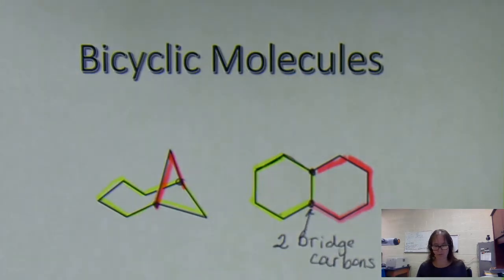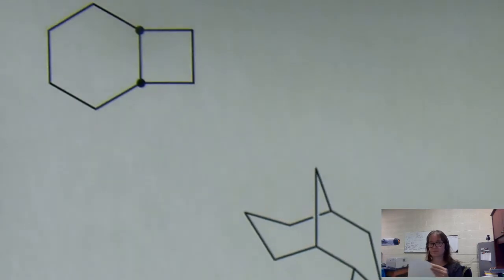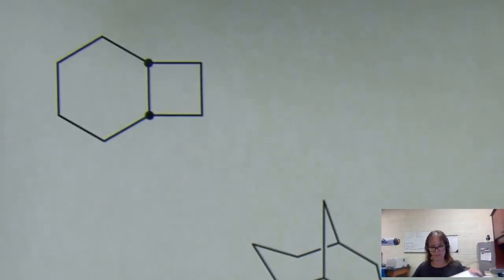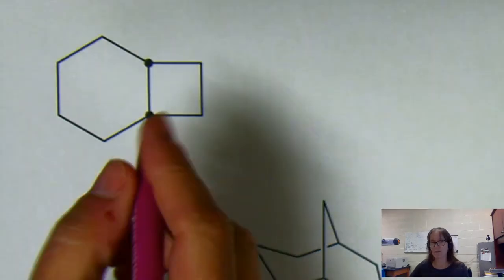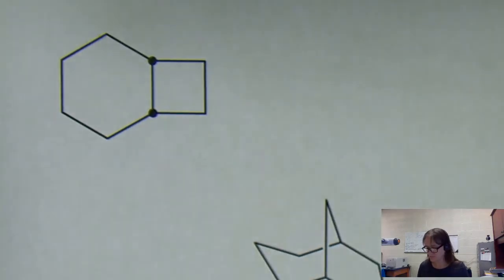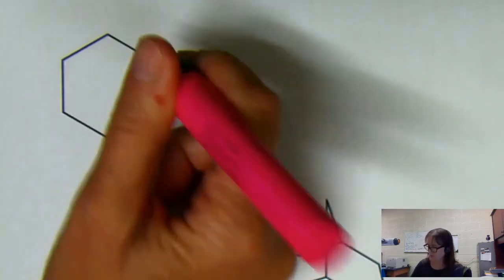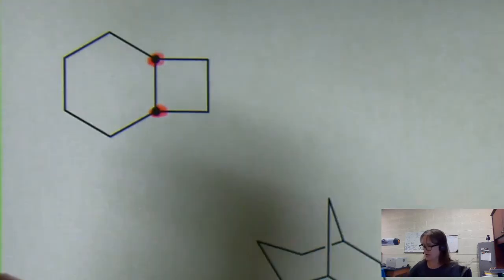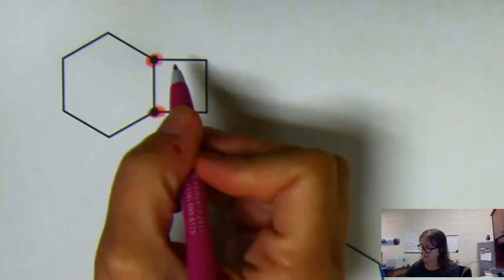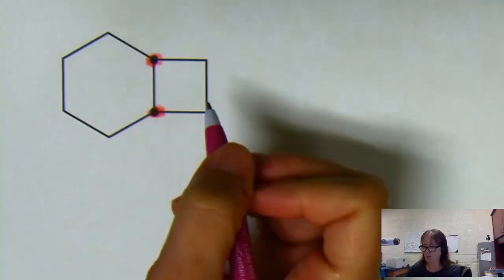So we're going to go through how we name these molecules, and it all is based on the bridge carbons. And so you have to locate the bridge carbons, which is here and here. And there are a few things that you do after that. You do what we had just done, which is count the total number of carbons.